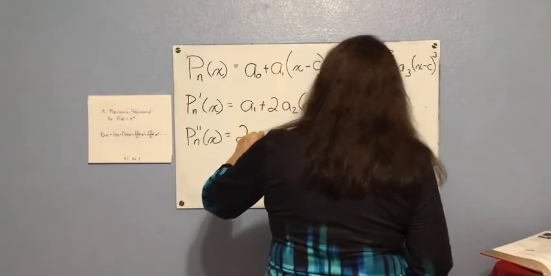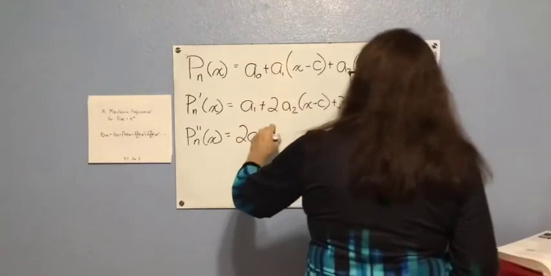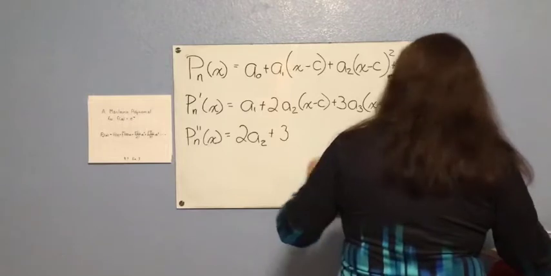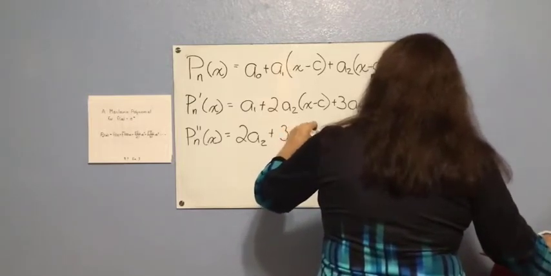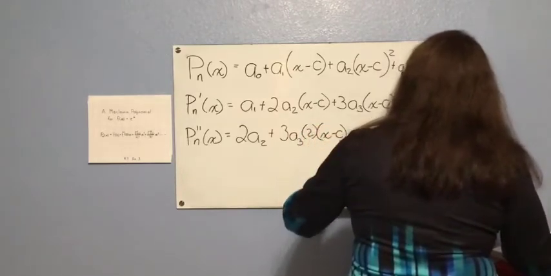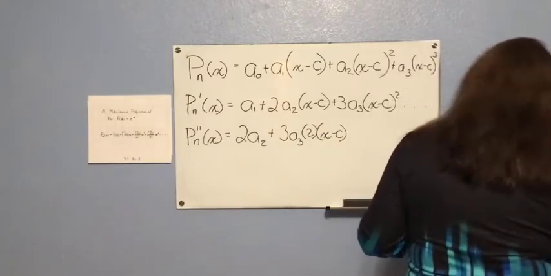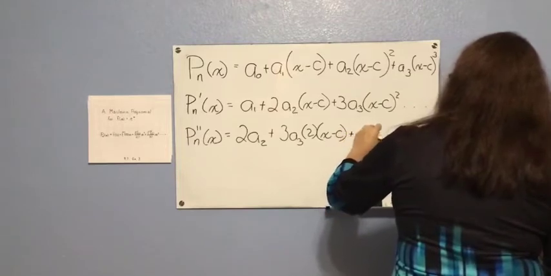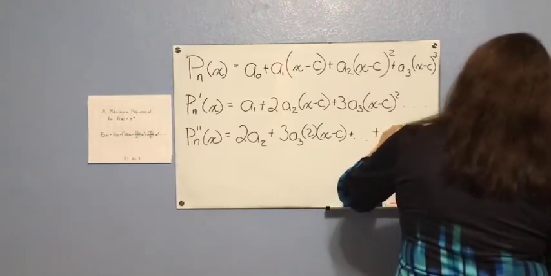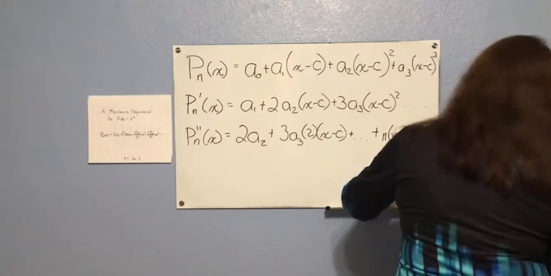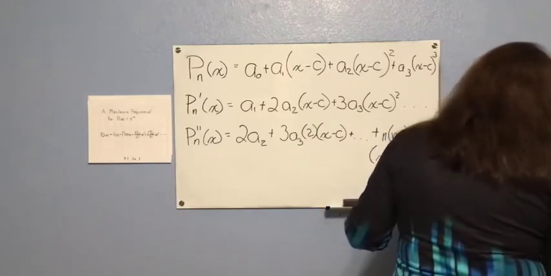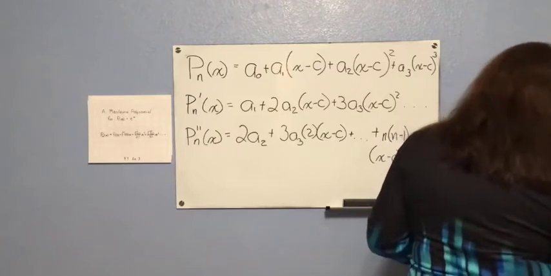2 times a sub 2, and this would drop out when I take the derivative, plus 3 a sub 3 times 2 times x minus c to the first power now, all the way up to n times n minus 1 a sub n times x minus c to the n minus 2 power.